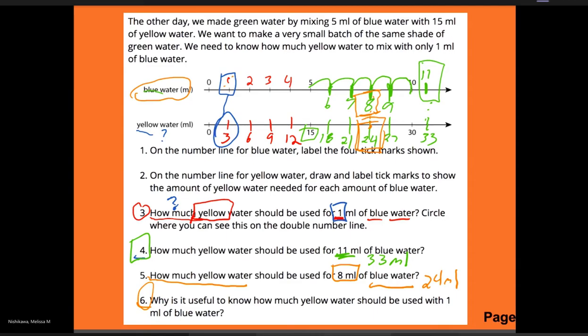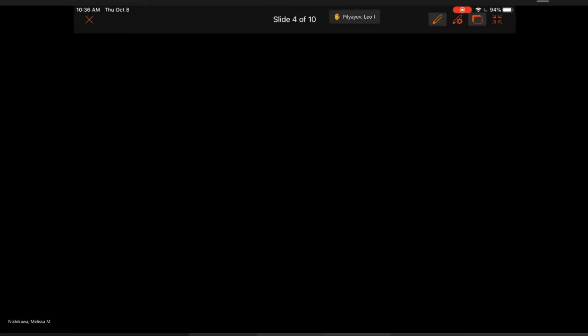So for every 1 blue water, we have 3 yellow water. I'm going to show you by knowing that. We have 1 blue water is equal to 3 yellow, or ratio, right? Because we know that 1 blue is equivalent to 3 yellow water.